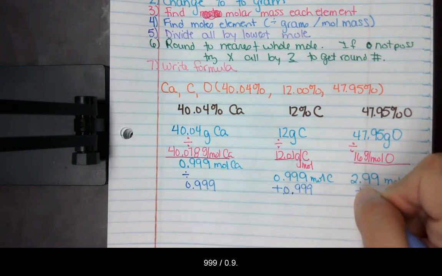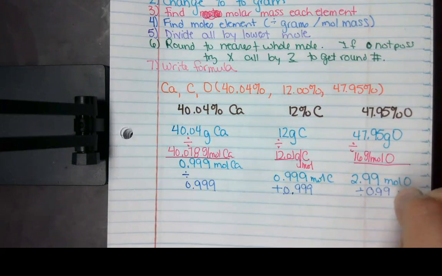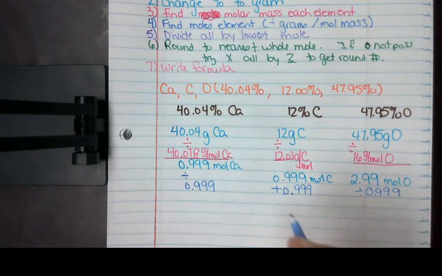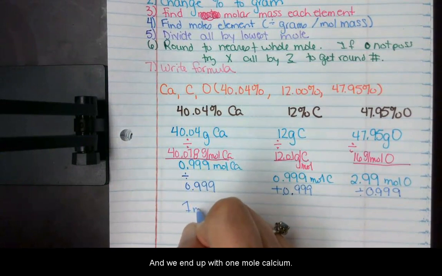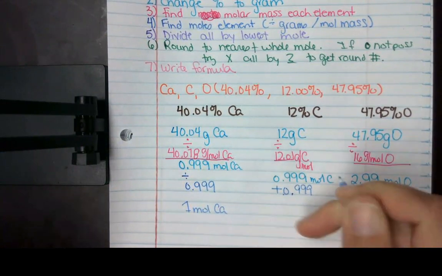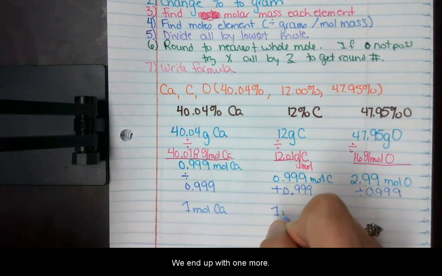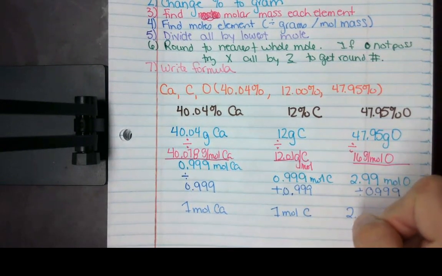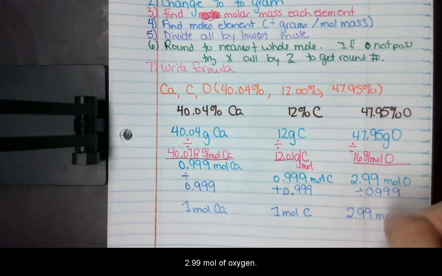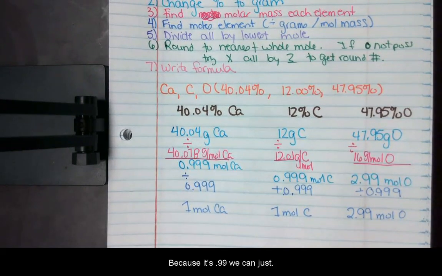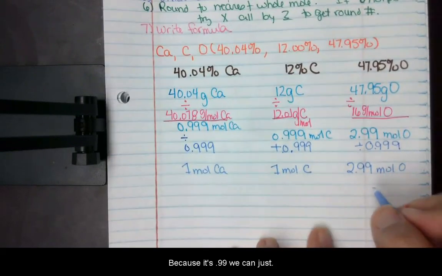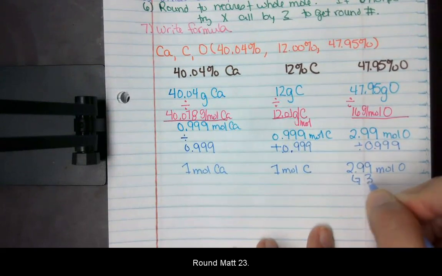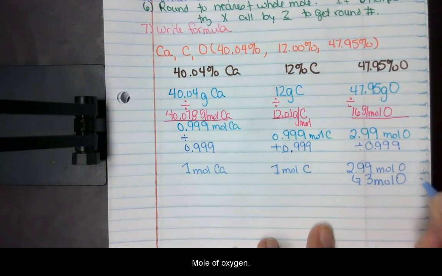And we end up with 1 mole calcium, 1 mole carbon, and 2.99 mole oxygen. Because it's 0.99, we can just round that to 3 mole of oxygen.